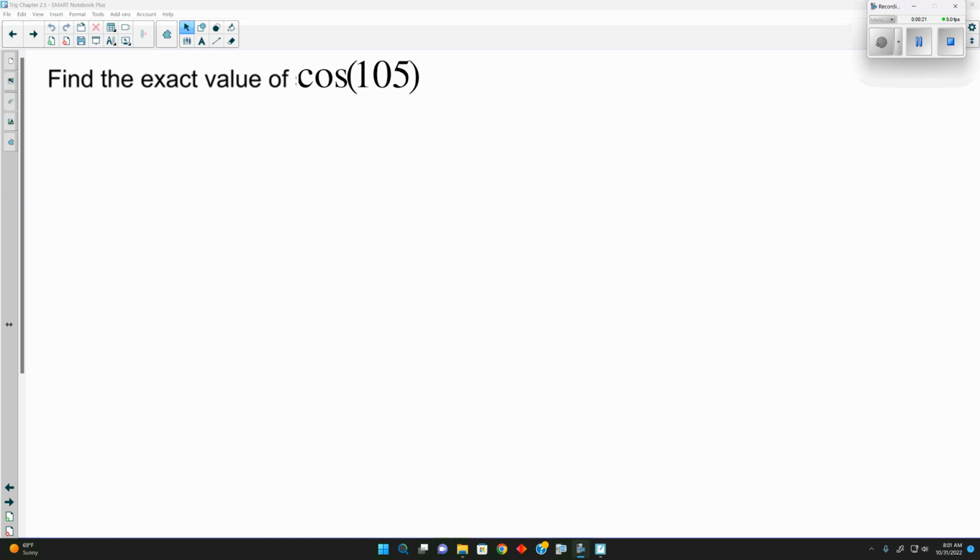these half-angle formulas, so for cosine, okay, let's see if it'll let me write.